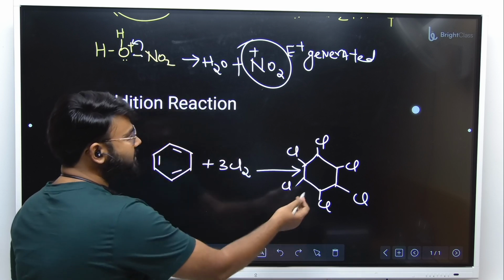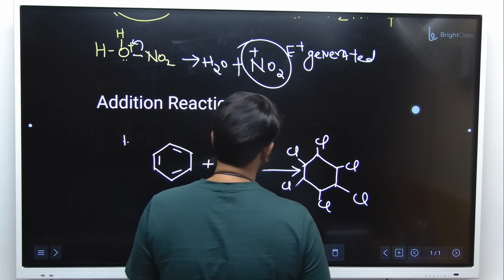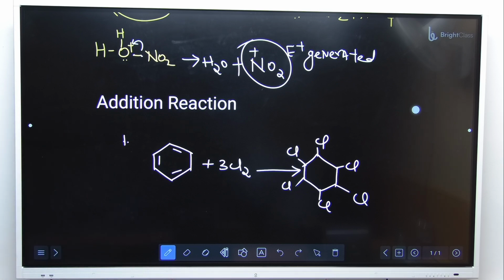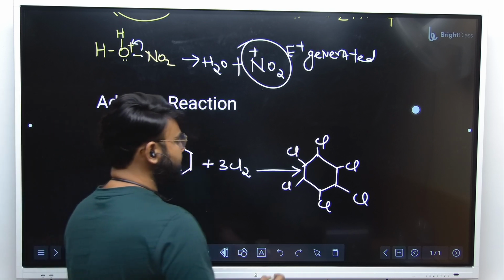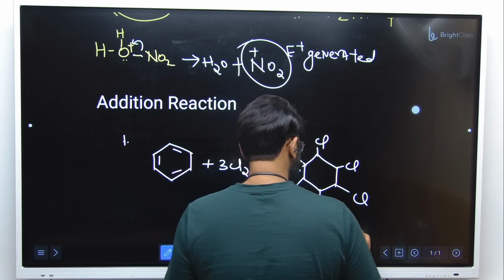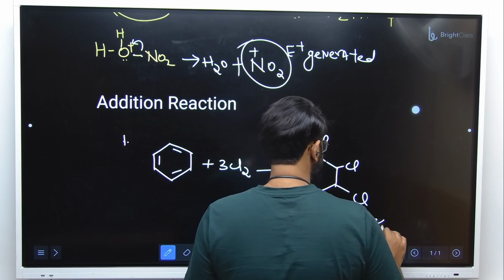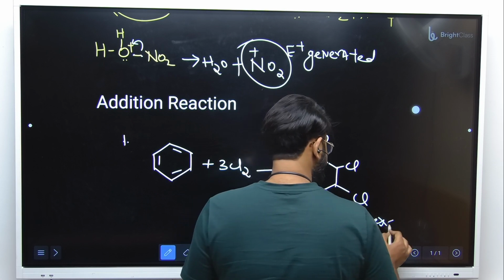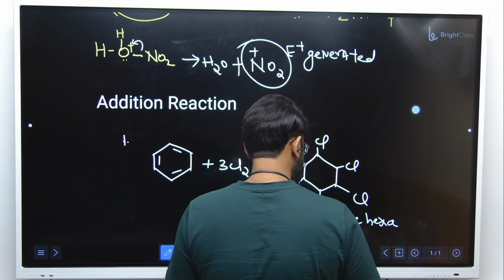Okay. And this compound, what do we call it? Anyone? It's a cyclohexane now. What do we call it? Tell me. We actually call it benzene hexachloride.